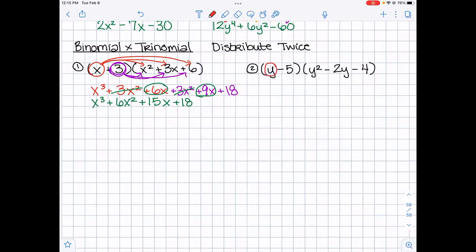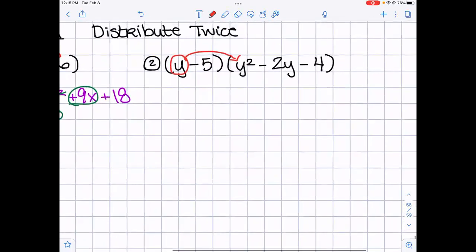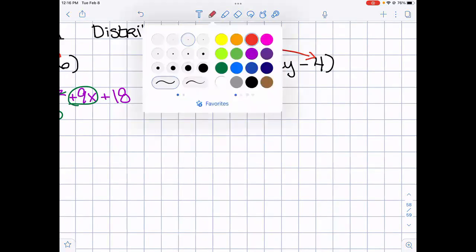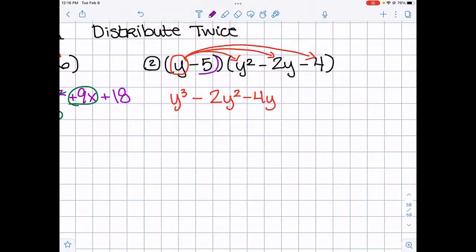Start with y. Take y times y squared and you get y to the third. Y times negative 2y is negative 2y squared. Y times negative 4, negative 4y. Okay, cool.